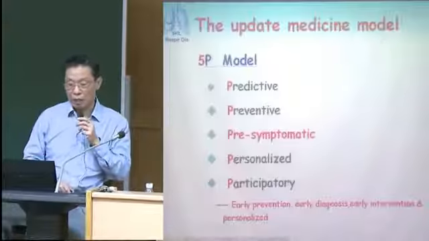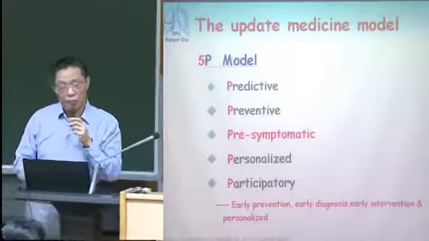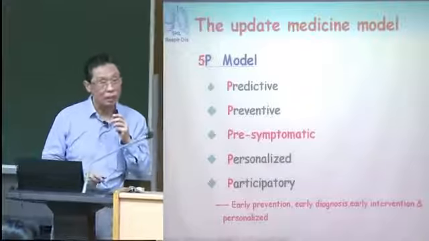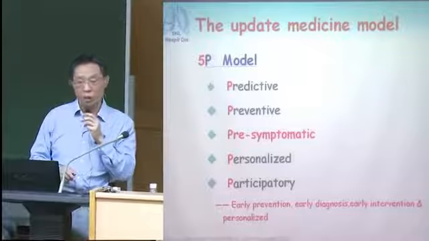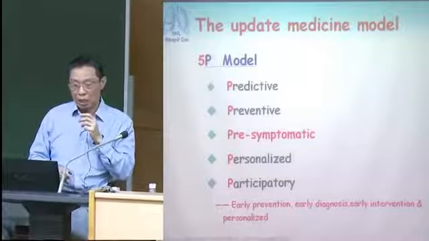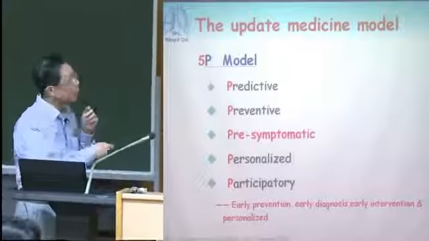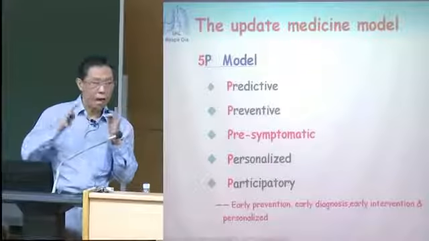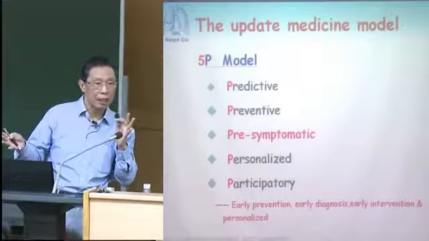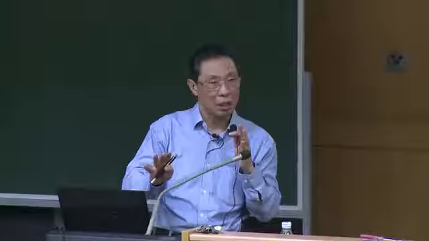So for the updated medicine model, I make some modification. 4P changes into 5P, including the pre-symptomatic. In other words, if you have found some abnormality by examination, you have to treat the patient.